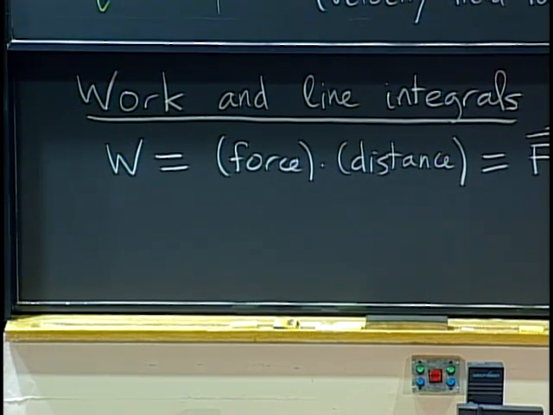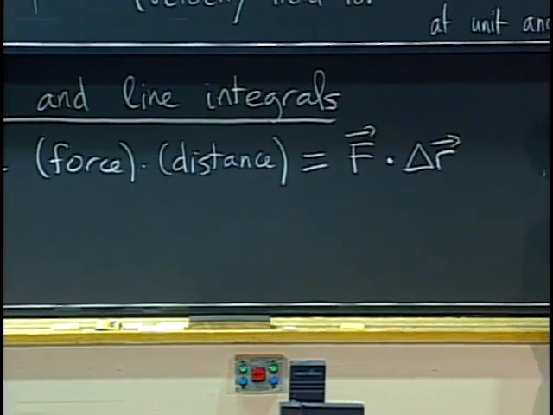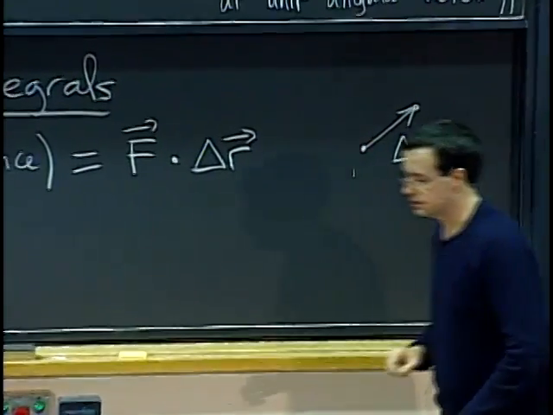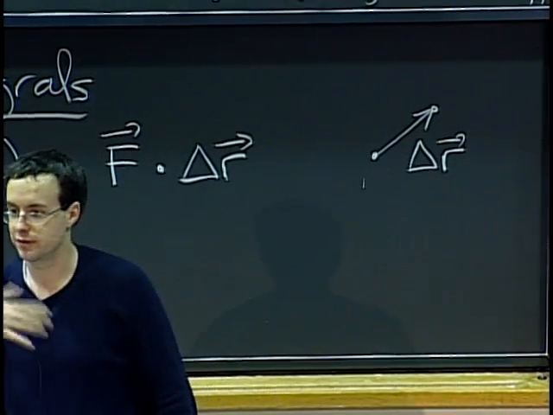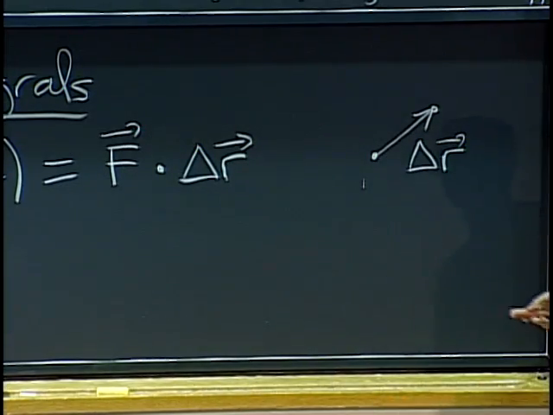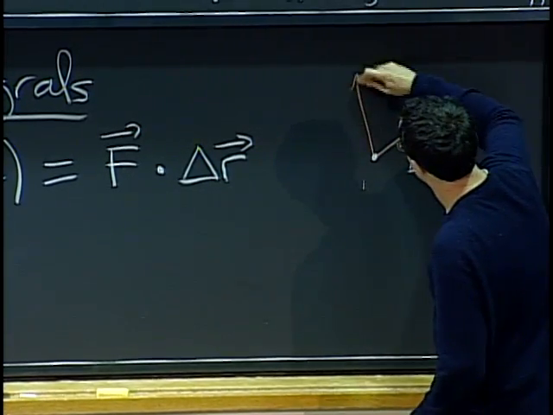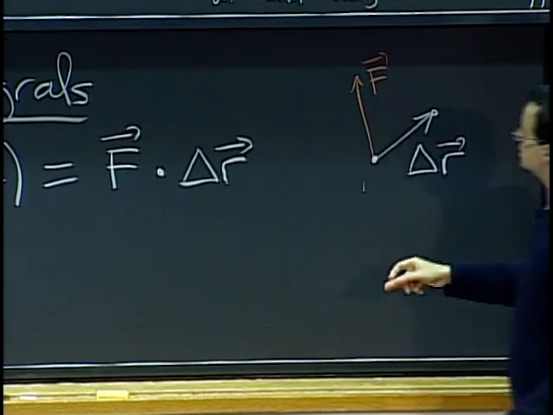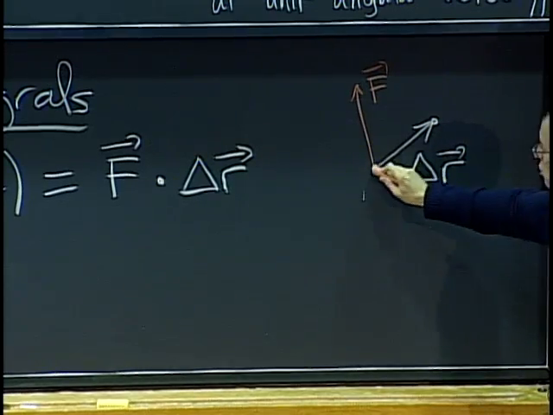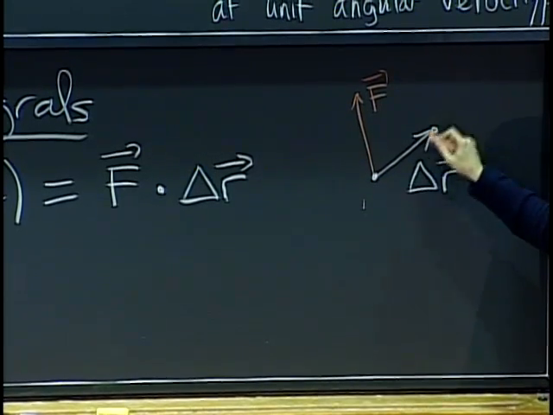So say that your point is moving from here to here. You have the displacement delta r. That's just the change in the position vector, the vector from the old position to the new position. And then you have your force that's being exerted, and you do the dot product between them. And that will give you the work of the force during this motion.